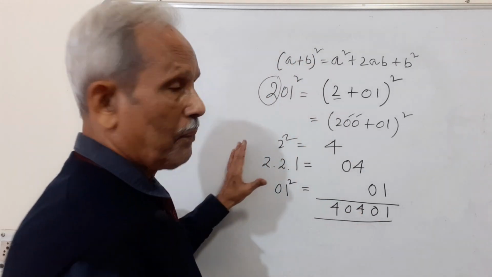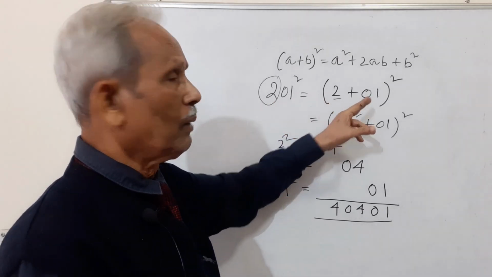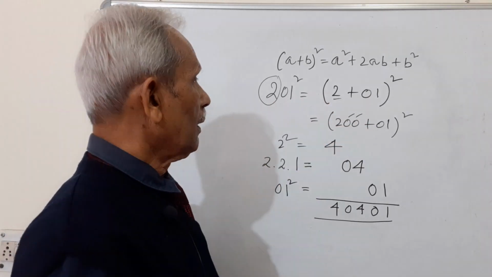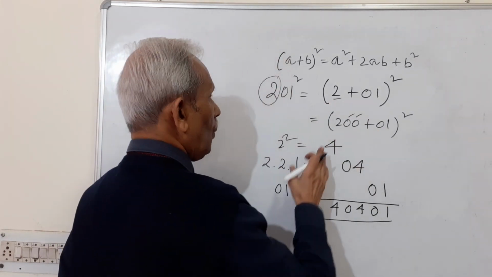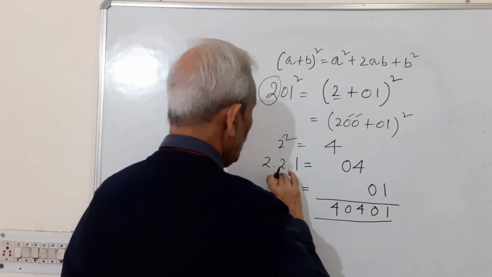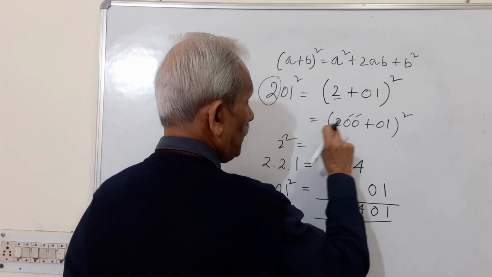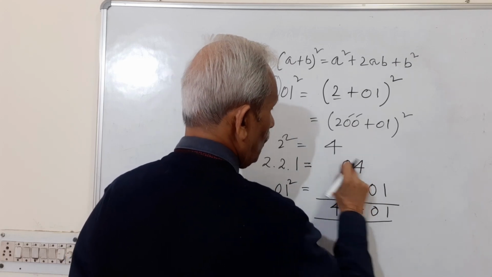It's very interesting. I've taken 201, A as 2 and B as 0 1. Now here the place value of this is 200, so what you do is A square is 4, 2AB is equal to 2 into 2 into 1 is 4, but there are 2 zeros, shifted by 2, so 0 4.